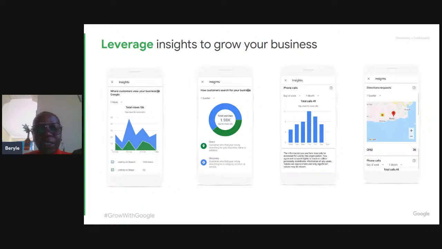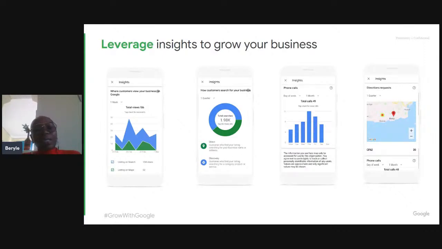I didn't use the business name. That is the second category, called the discovery insight.